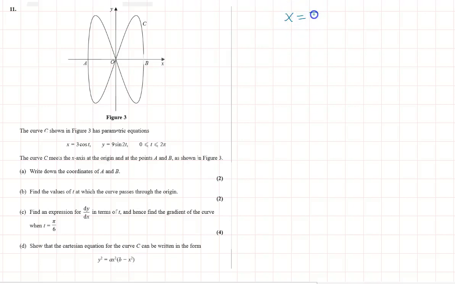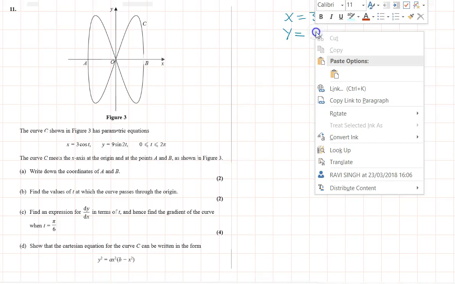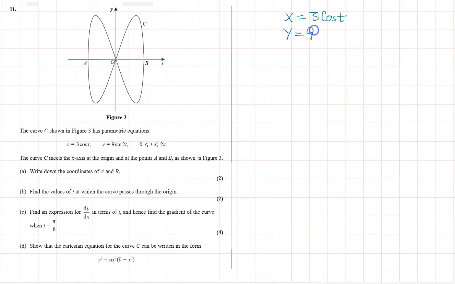x is equal to 3 cos t and y is equal to 9 sin 2t. 9 sin 2t can be written as 2 sin t cos t.